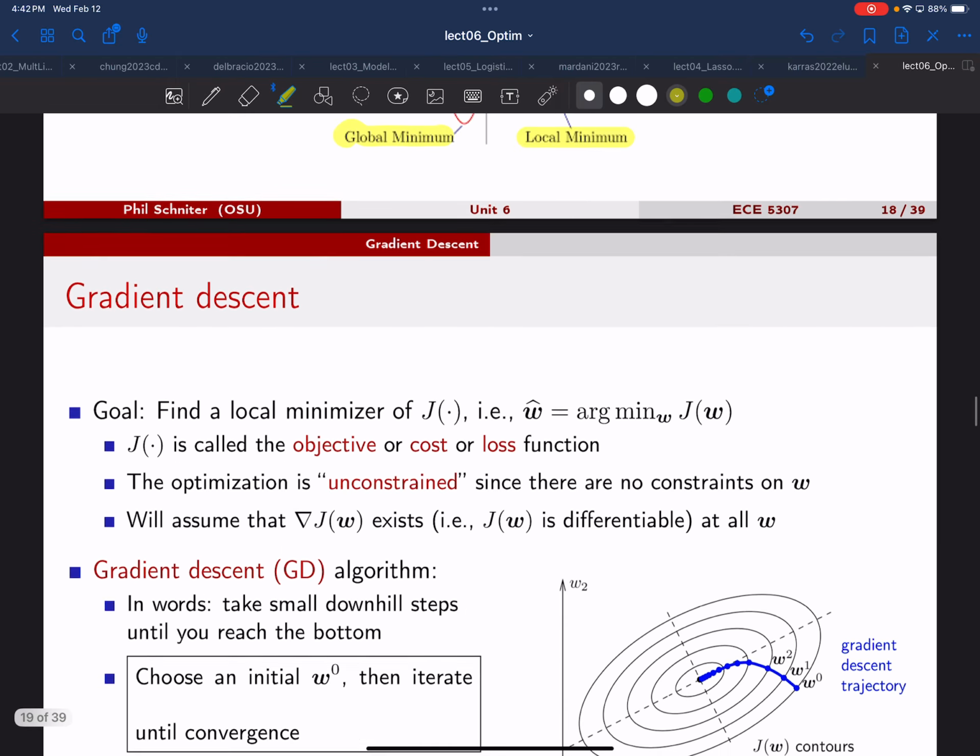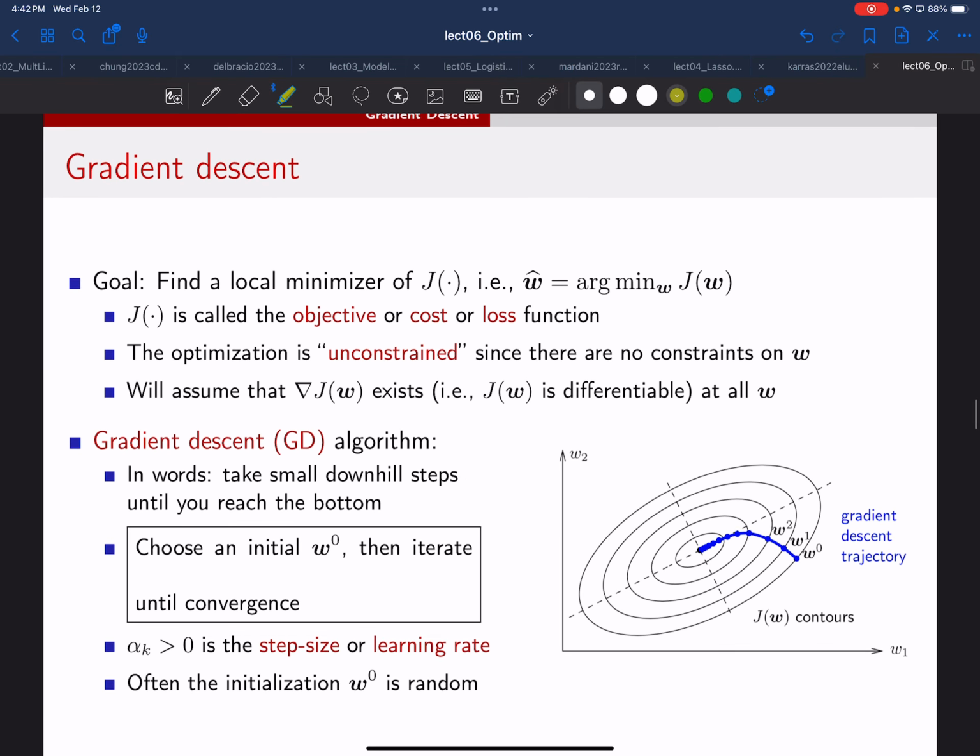Okay, so finally, let's talk about the gradient descent algorithm. Okay, so our objective since the beginning of this unit is we're given a loss function J that's a function of some parameters w. Our objective is to find the minimizing set of parameters w.